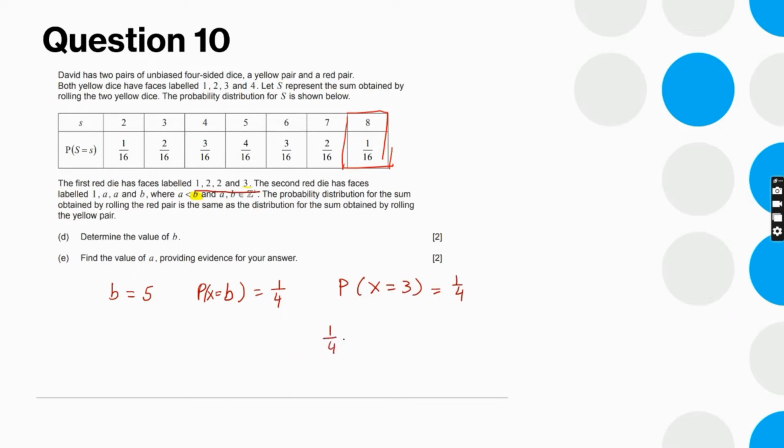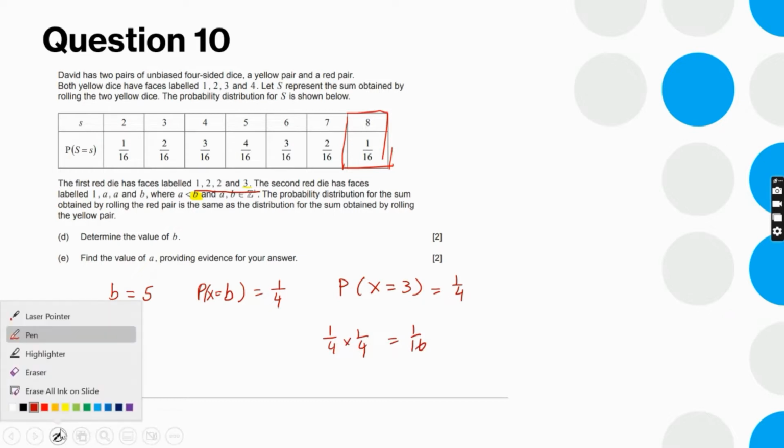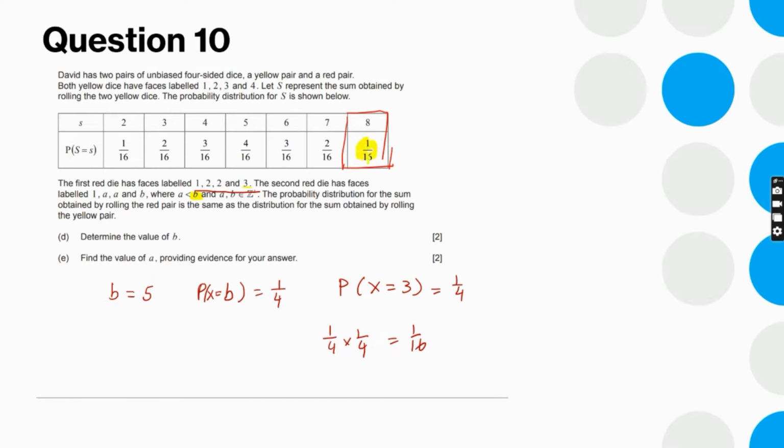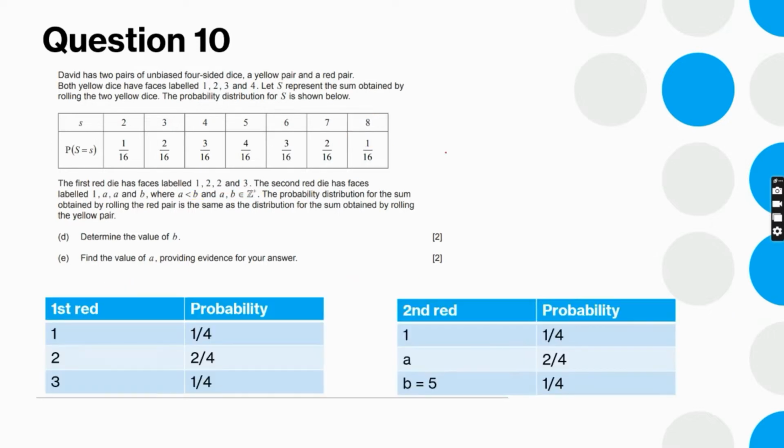So if you do 1/4 times 1/4, it gives you 1/16. That matches the answer here. So I'm pretty sure B is 5. In part 10D, we found B equals 5. Now I shall proceed to find the value of A, which is in part E.